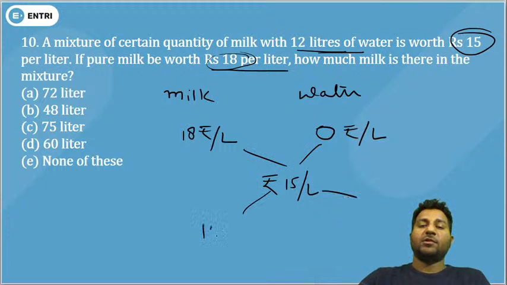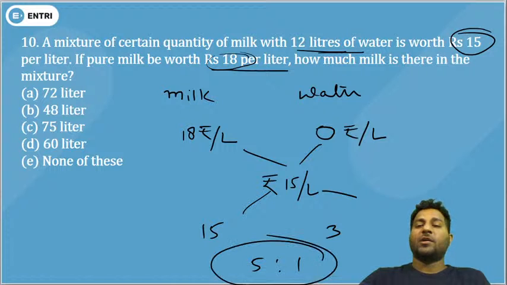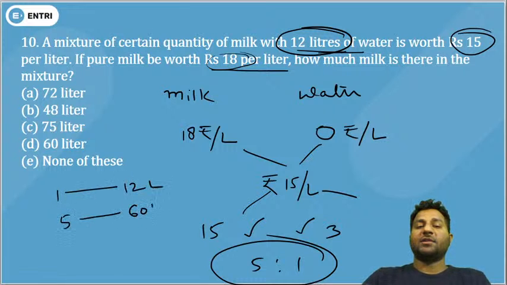Let's do the math and use alligation. So 5:1. In 5 units of milk we have added 1 unit of water, and we have added 12 liters of water. So 1 unit equals 12 liters, that means 5 units equals 60 liters.